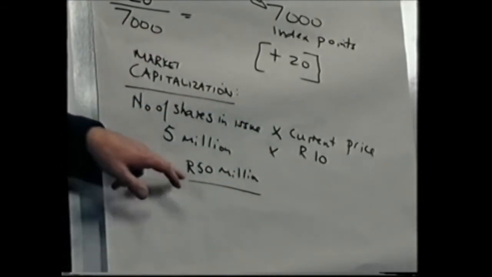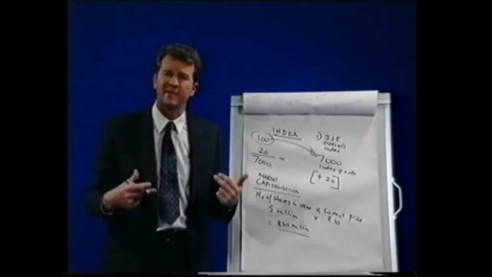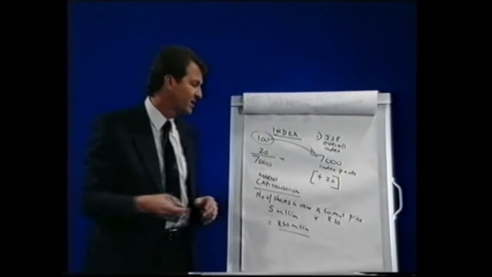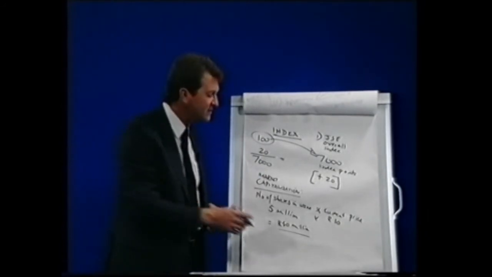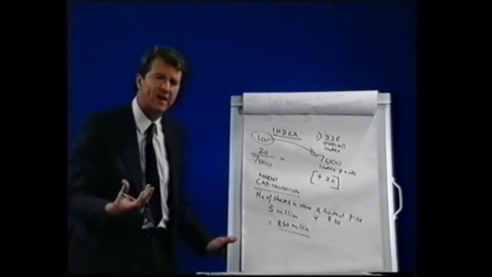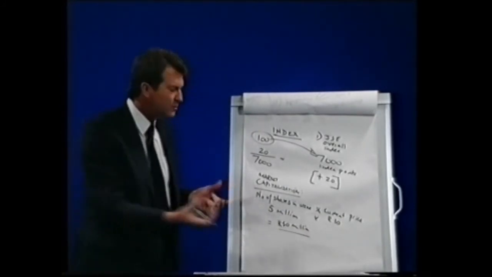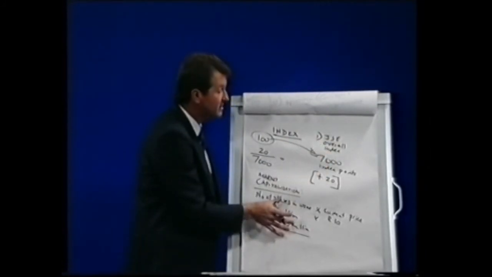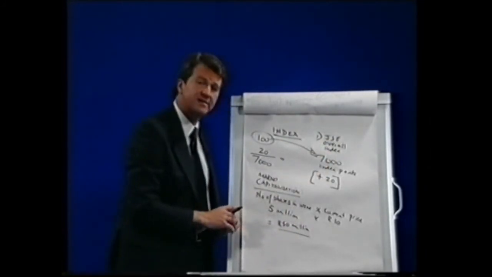Many other companies have a market capitalization that is much lower than that. So for example, if another company, let's say for argument's sake a company like Vaal Reefs, has a market capitalization of only 25 million Rand, then do you see that Vaal Reefs would contribute half as much towards that index as De Beers does?